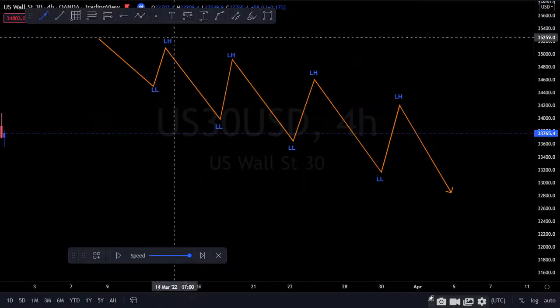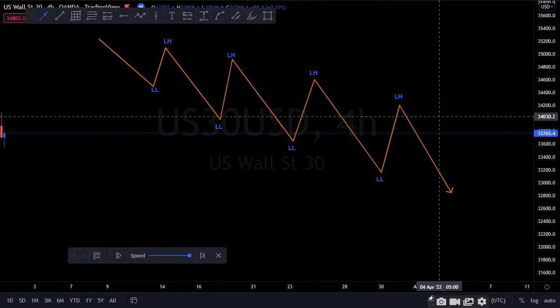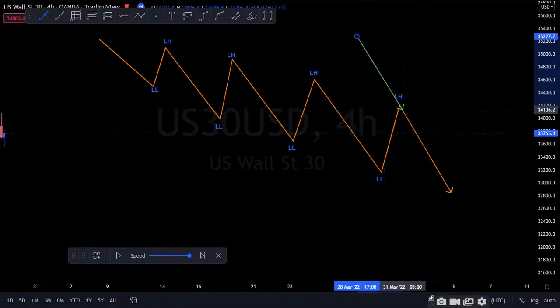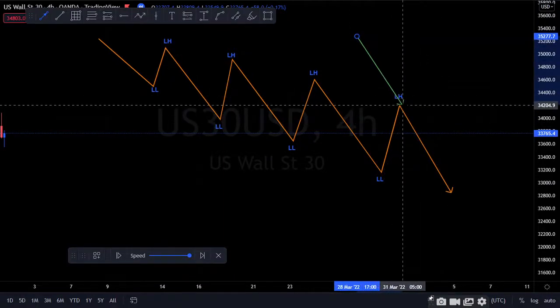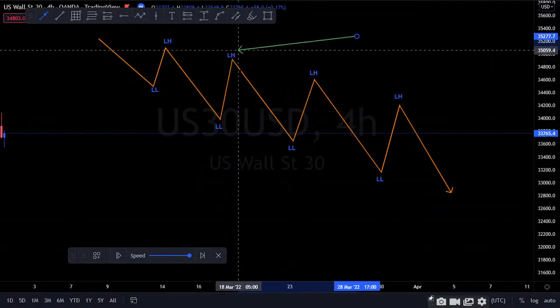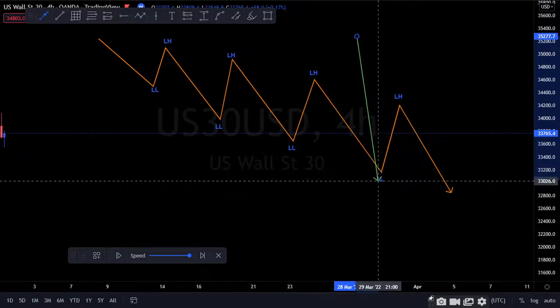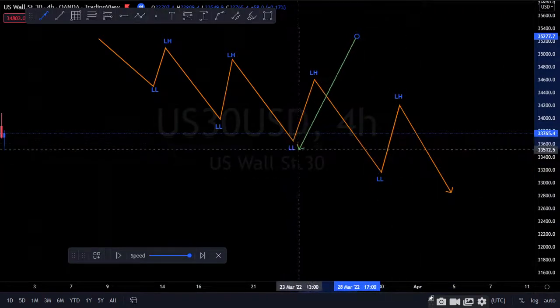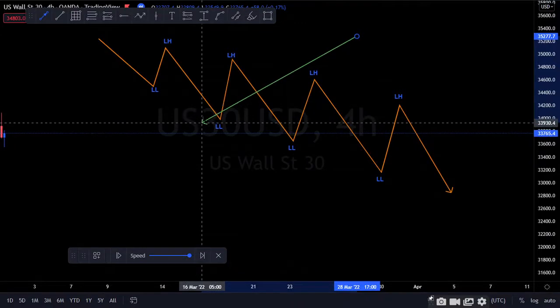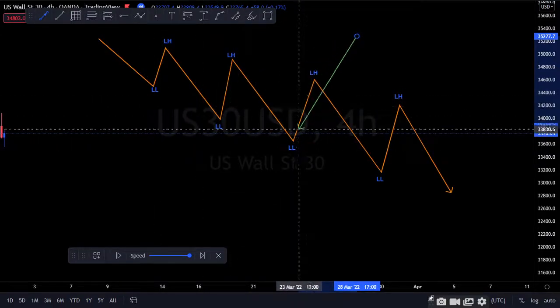The top ones are called lower highs because you can see that this high is lower than this high. This high is lower than this high, and then this high is lower than this high. When you come down here, this low is lower than this low, and this low is lower than this low, and this low is lower than this low. You get it? So that's why we label them as such.